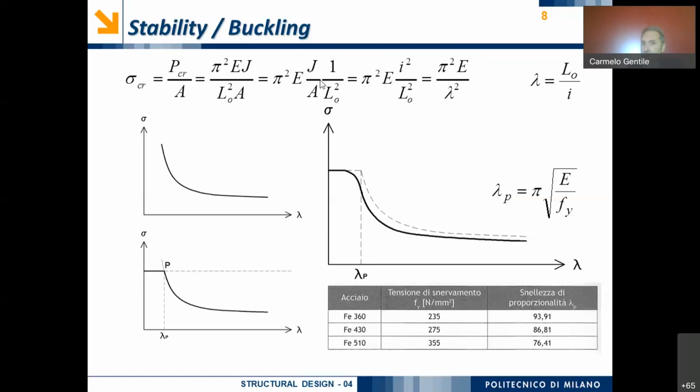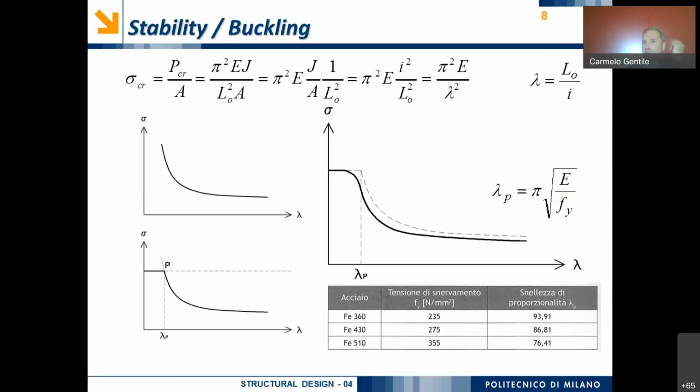This number is the square of a length. In fact, the inertia moment is measured as a length to the power of 4, whereas the area is expressed as a length squared. So the ratio between J and A is generally denoted as i squared. i is called radius of inertia.